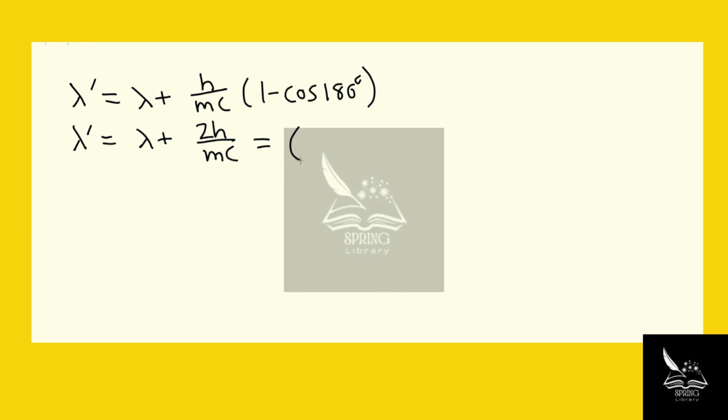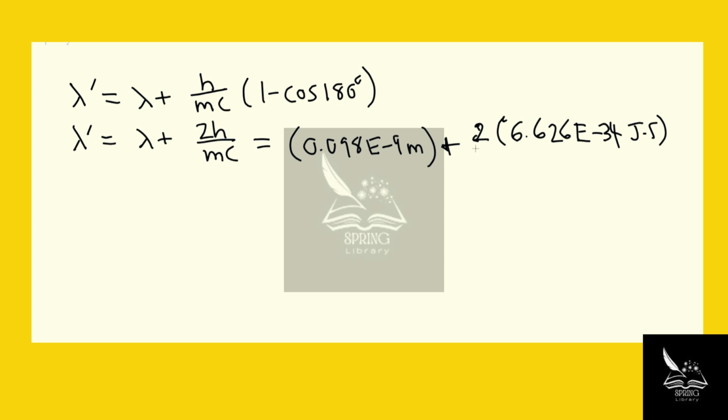Okay, so then this calculation will simply be 0.098 times 10 to the negative 9 meters plus 2 times 6.626 times 10 to the negative 34 joule seconds, all of that over 9.1 times 10 to the negative 31 kilograms times the speed of light, 3 times 10 to the 8 meters per second.